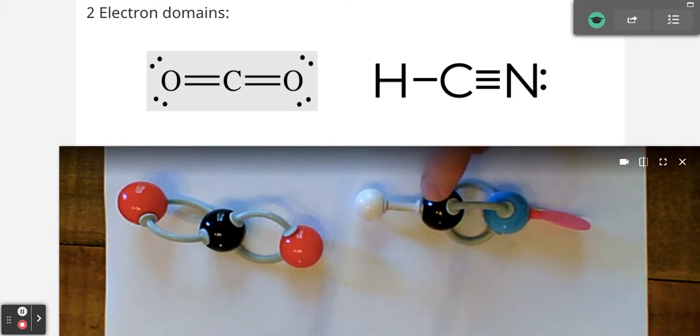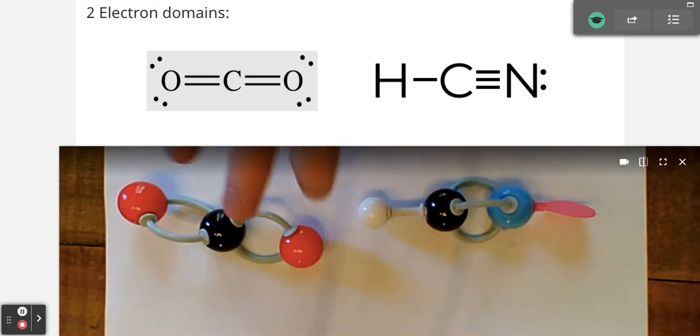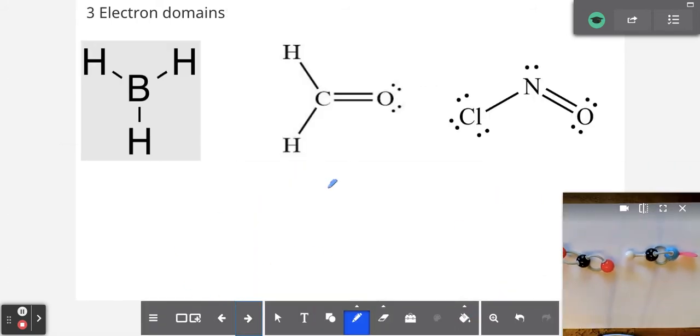Notice how the carbon has two electron domains, and they are as far apart as possible: the bonding electrons between C and H and the bonding electrons between C and N. Also, the nitrogen has two electron domains, being the lone pair here and the bonding electrons between the C and the N. And the final thing that I do want to note about these is that it doesn't matter whether we're talking about a single bond or a triple bond or a double bond, they all count as one electron domain, and they all have the same effect of repelling one another. So that is all on the two electron domain substances.